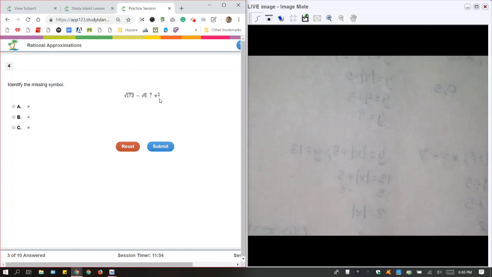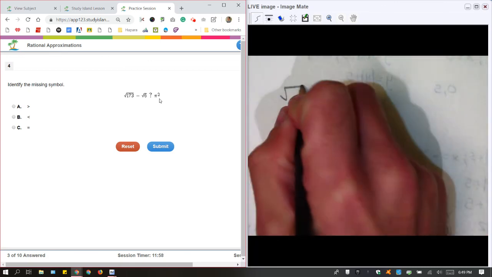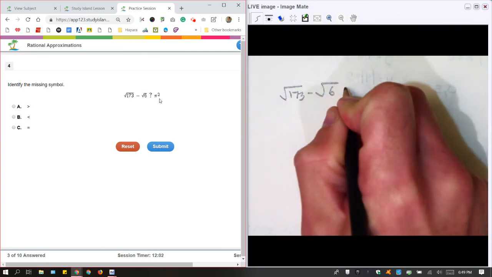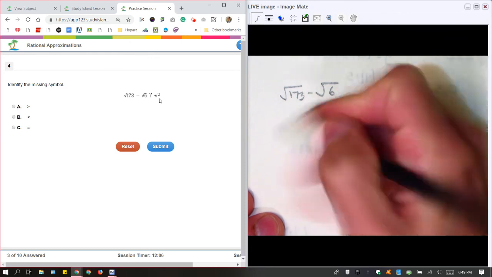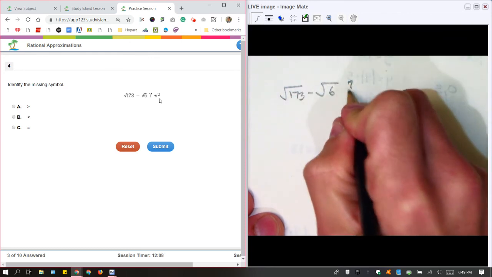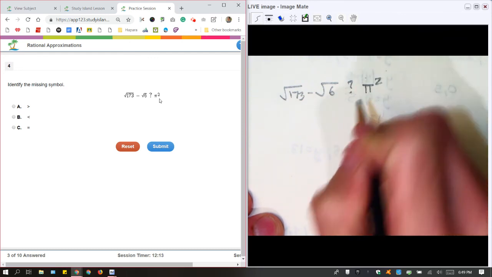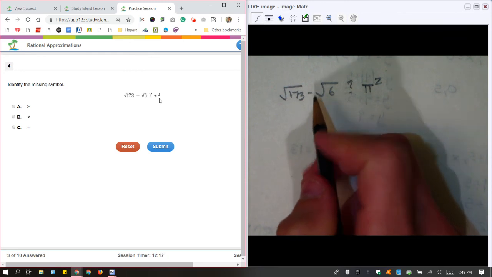So if I was going to try and do this problem, I've got the square root of 173 minus the square root of 6, compared to, let's put a question mark here, pi squared. So what is pi squared?